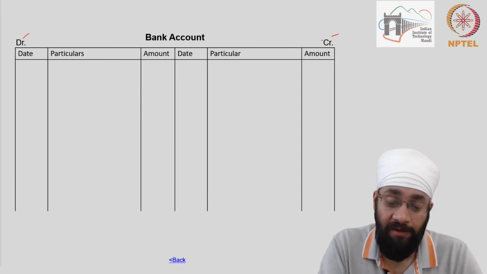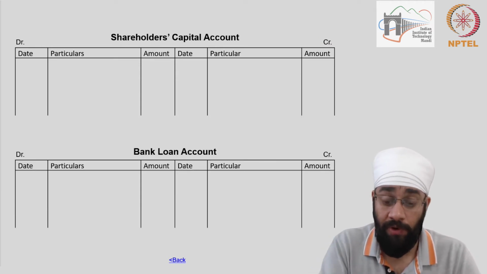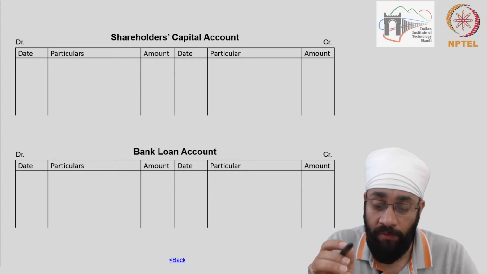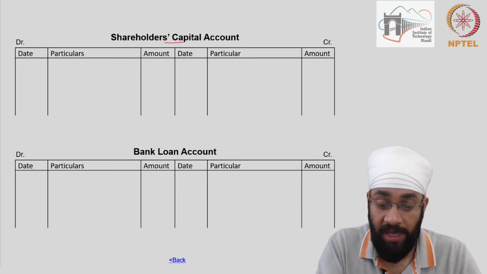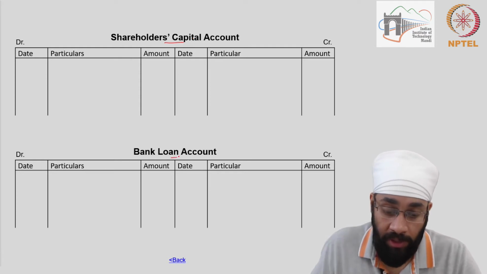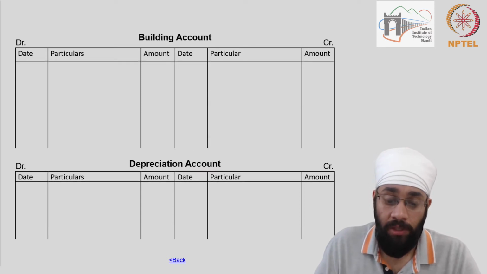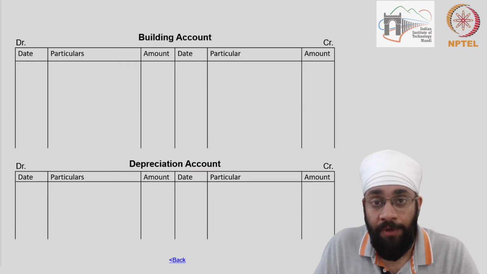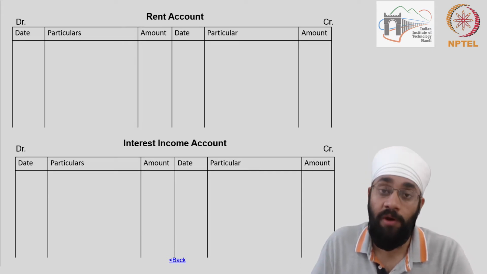Likewise, we have blank account formats for all the different types of items involved in the 14 transactions: shareholder capital account, bank loan account, purchase account, ABC, sales account. All the possible accounts which were debited or credited have an account format.